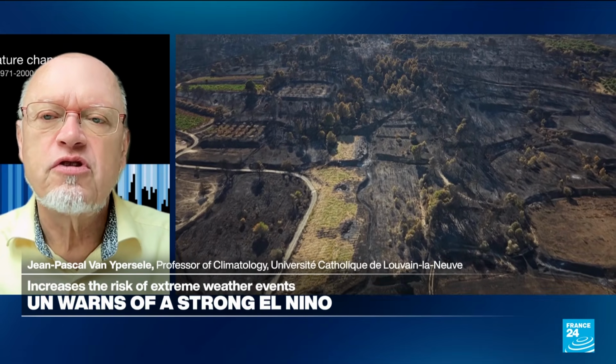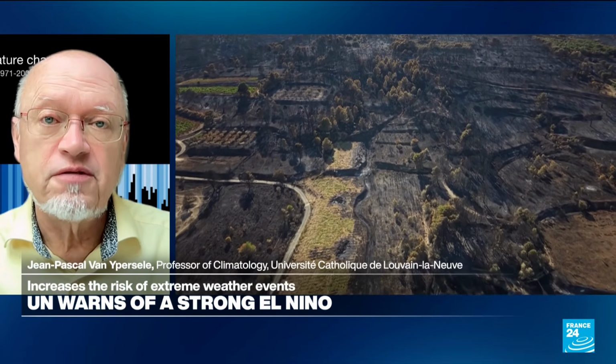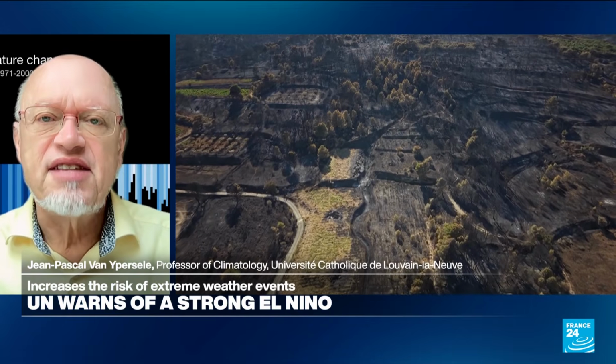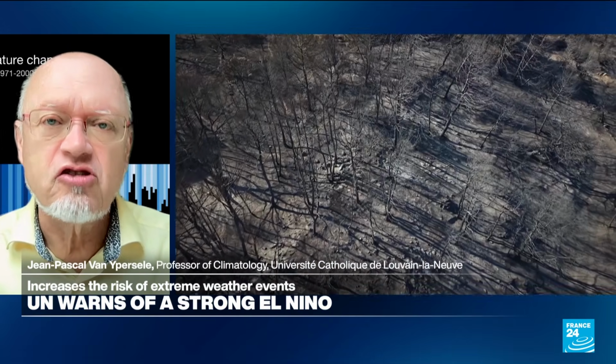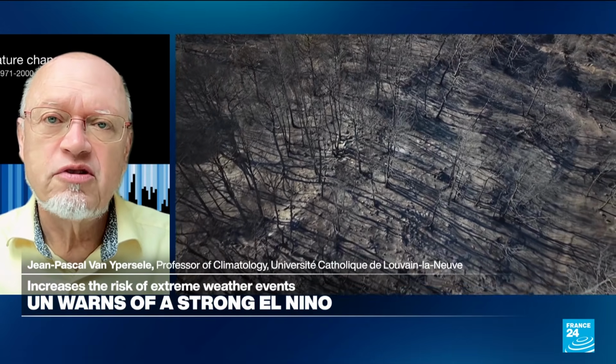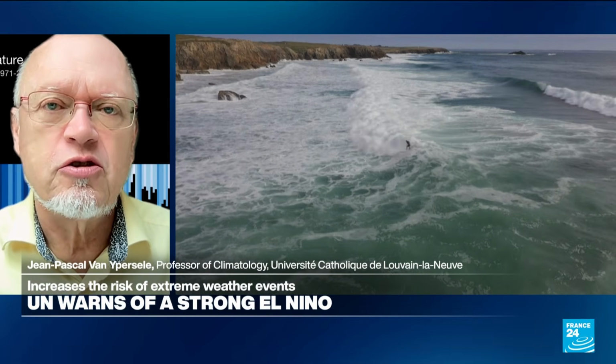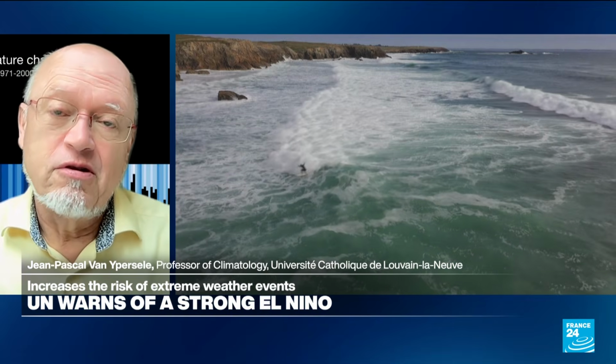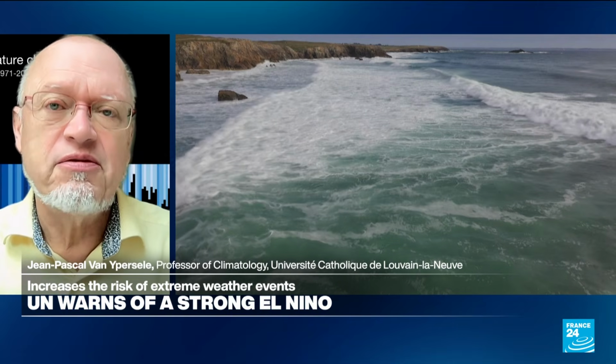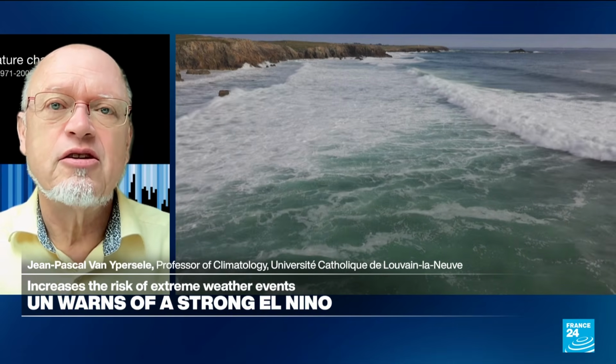It's important for water management. It's important for health systems, and disaster preparedness in general is important, but is even more important when there's an El Nino situation. So everybody should prepare for more extreme events on the weather side in the coming months in the tropics.